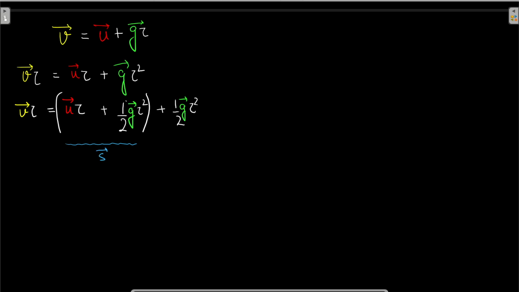So this is a very interesting property: the final velocity vector scaled by time is equal to, here we'll write the blue thing, displacement vector.